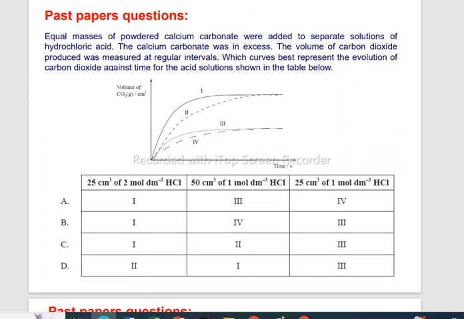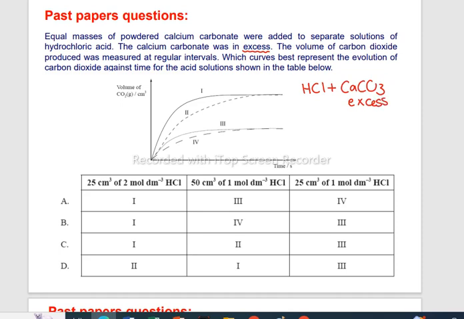Okay, another multiple choice. Equal masses of powdered calcium carbonate were added to separate solutions of hydrochloric acid. The calcium carbonate was in excess. So I have the reaction of HCl plus calcium carbonate, CaCO3, and this was in excess.